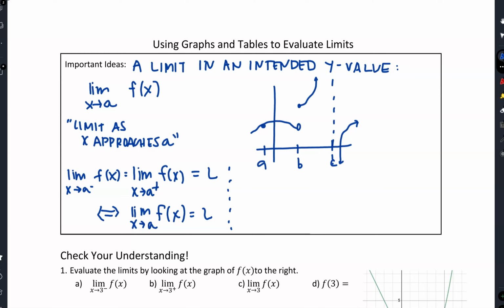Okay, so I also have drawn things where limits don't exist.